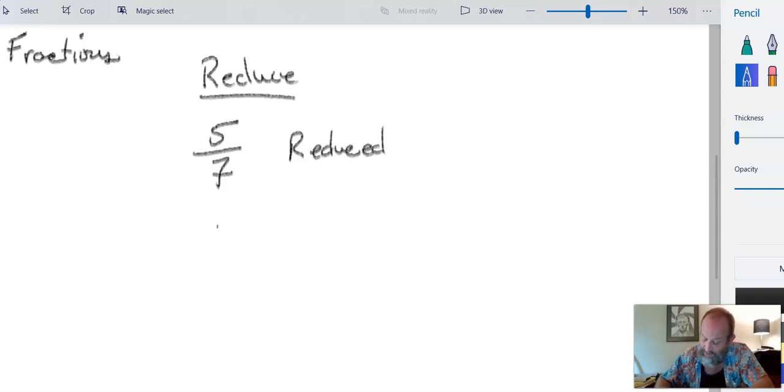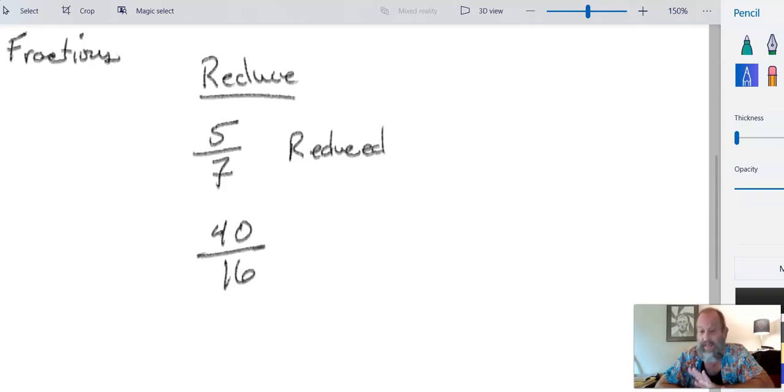Now, if I have something like this, these guys can reduce. And one of the things I like to do, and like I said, I'm giving you the quick review here. I know a lot of the time it's taught, find the greatest common factor between the two of them, divide both by the greatest common factor.